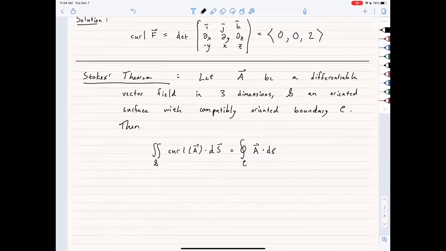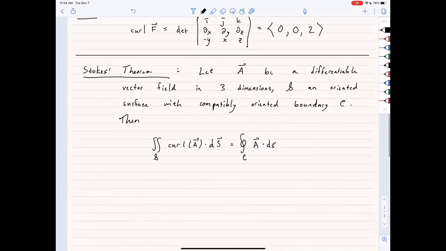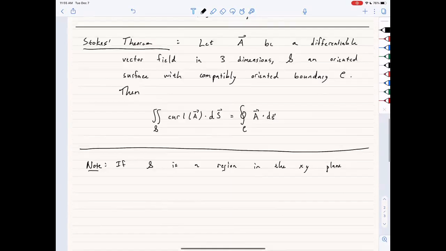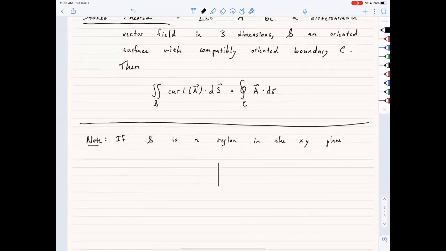Now, there is a case, we've seen this before. It's worth noting. If S is a region in the XY plane, so we have this picture here.